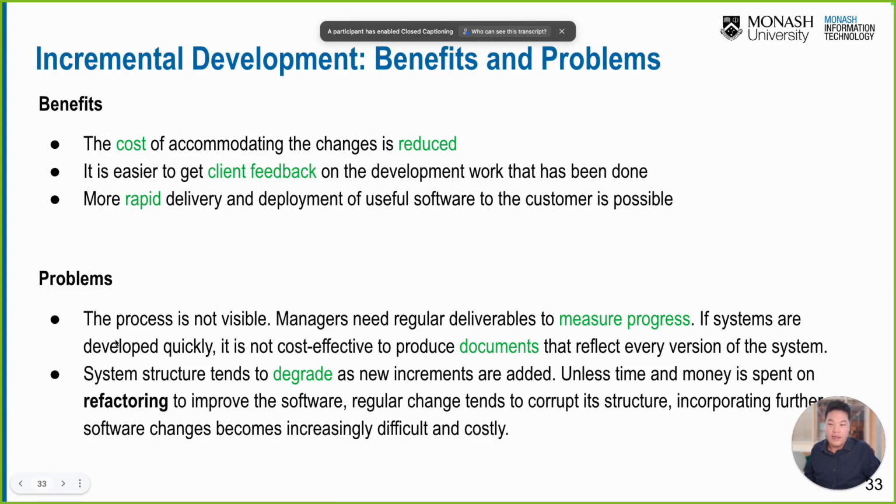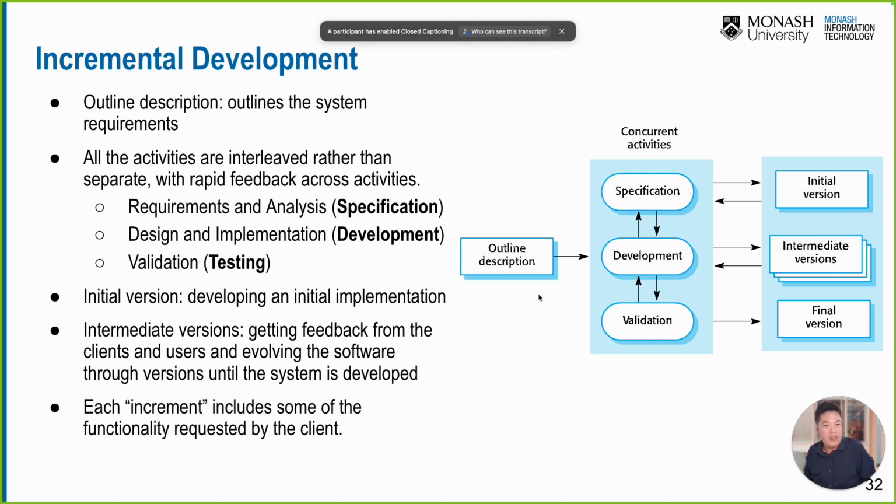However, there are cons for incremental software development as well. The process is not visible. Managers need regular deliverables to measure the progress. If systems are developed quickly, it is not cost effective to produce documents that reflect every version of the system, because we gradually change everything. We release quite often, so we need to update the specification again and again.